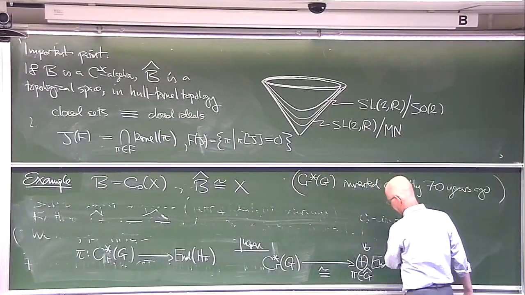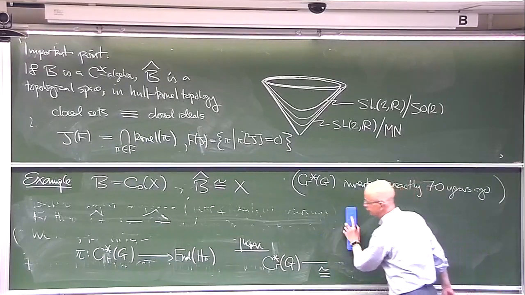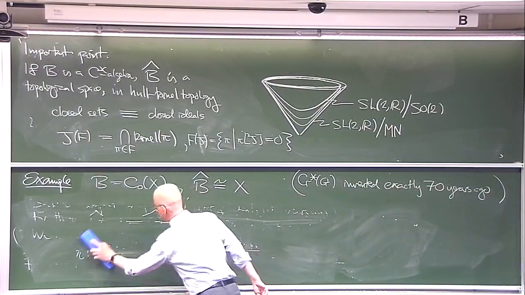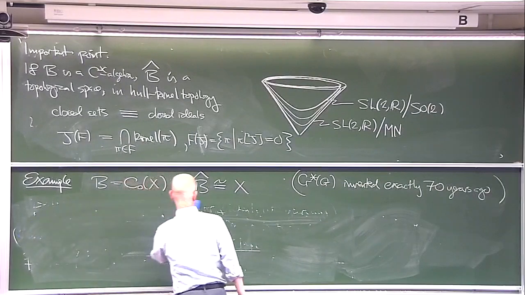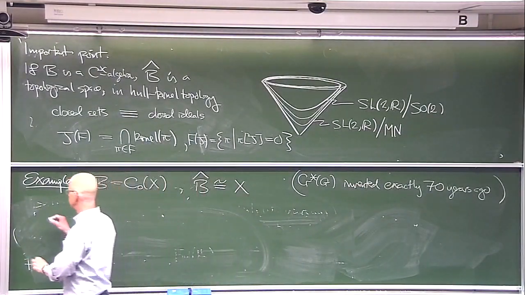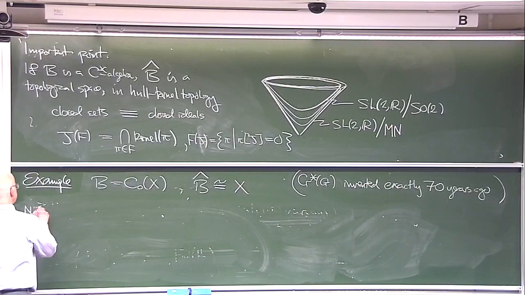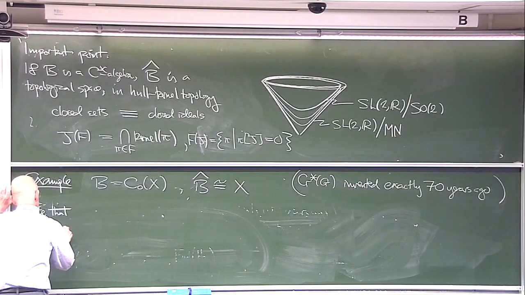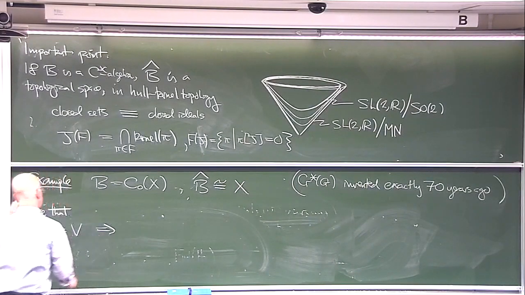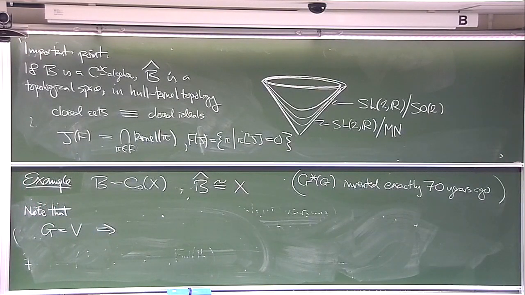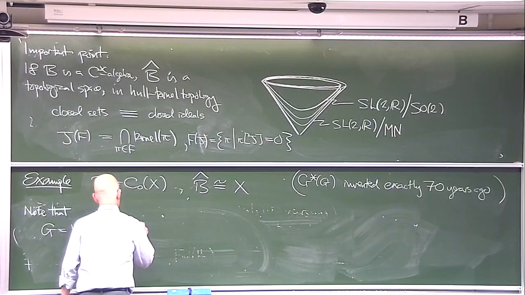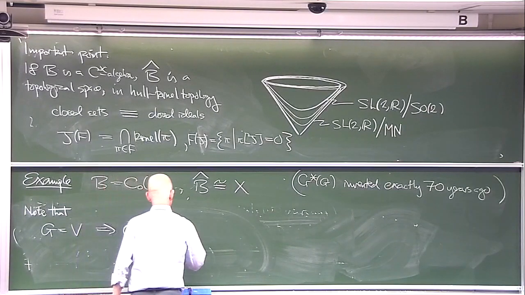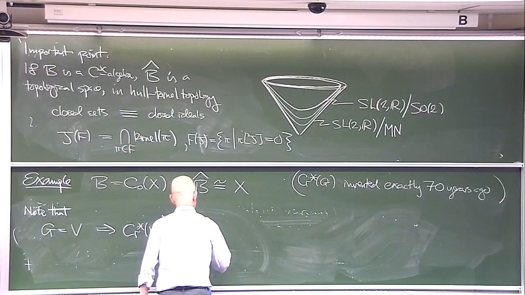And to return, maybe let me reformulate what we just saw for abelian groups and for compact groups. If G is a real vector space, an abelian group, then what we saw is that the C-star algebra is just the C0, continuous functions vanishing at infinity.